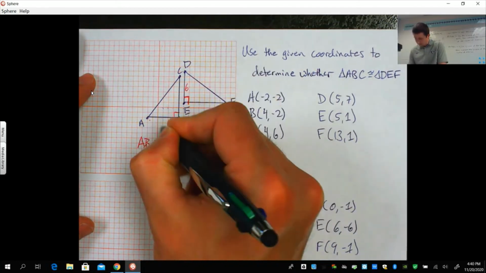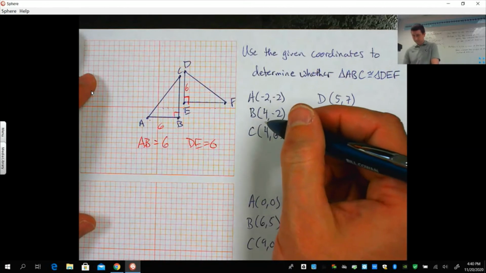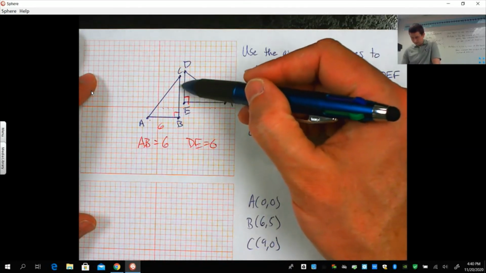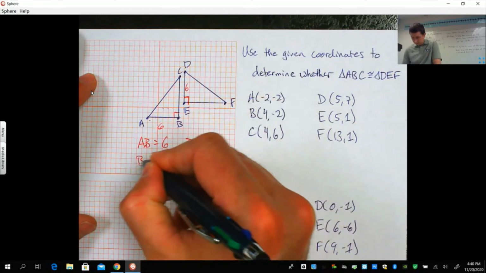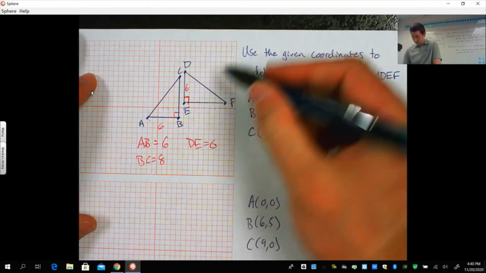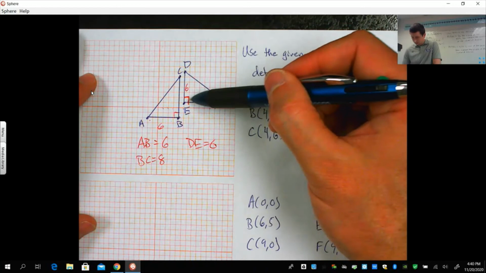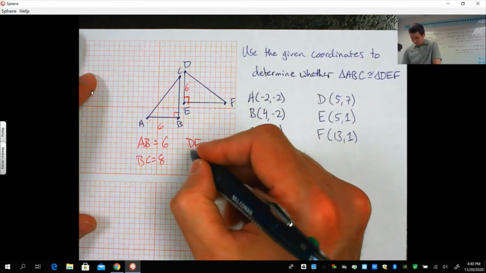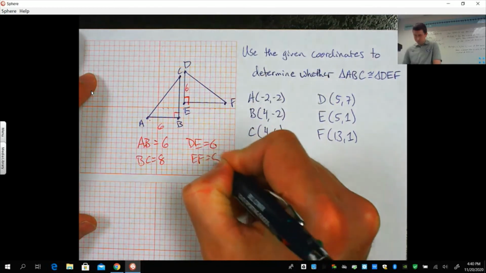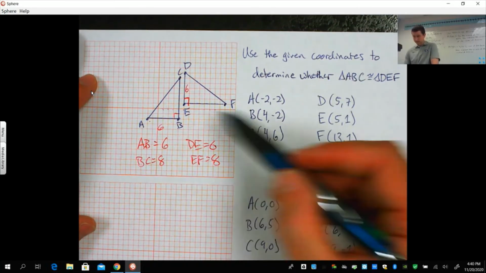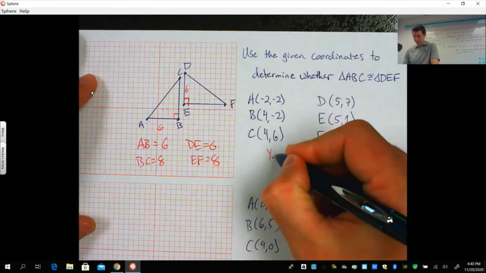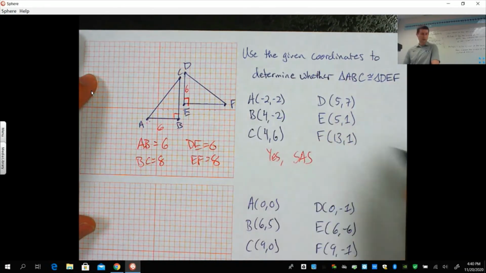So that's 6 and that's 6. Going up, I'd say BC equals 8, and EF equals 8. So is ABC congruent to DEF? I would say yes. Side angle side theorem to prove that.